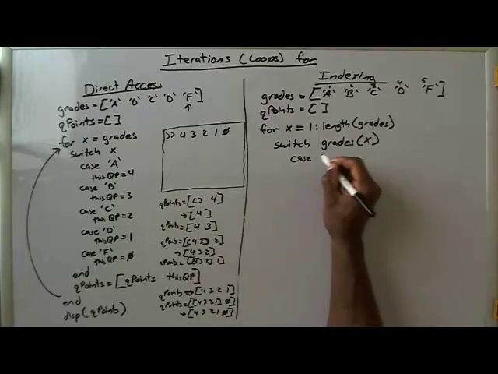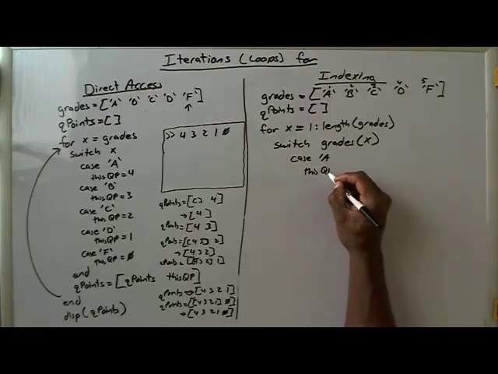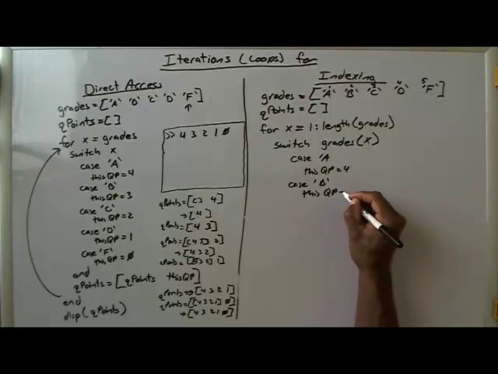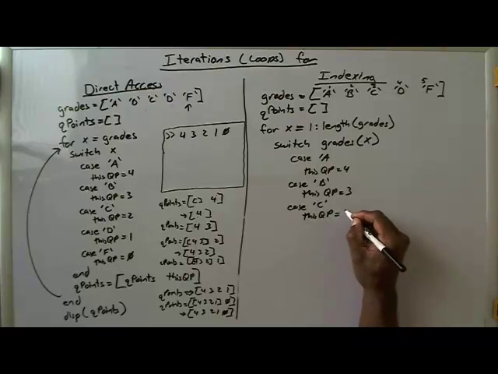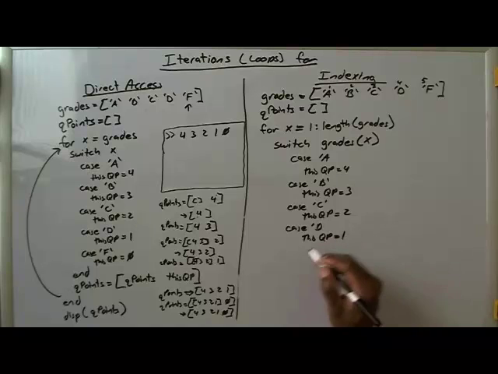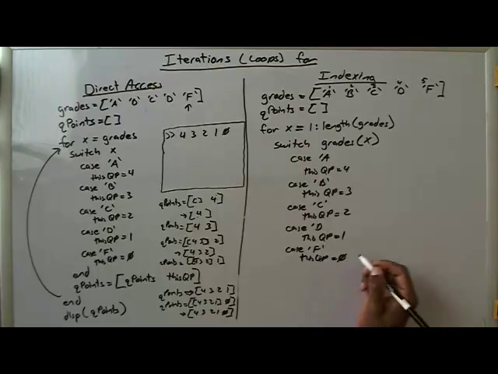I'll go ahead and write it out. Case A, this QP equals 4. Case B, this QP equals 3. Case C, this QP equals 2. Case D, this QP equals 1. Case F, this QP equals 0.